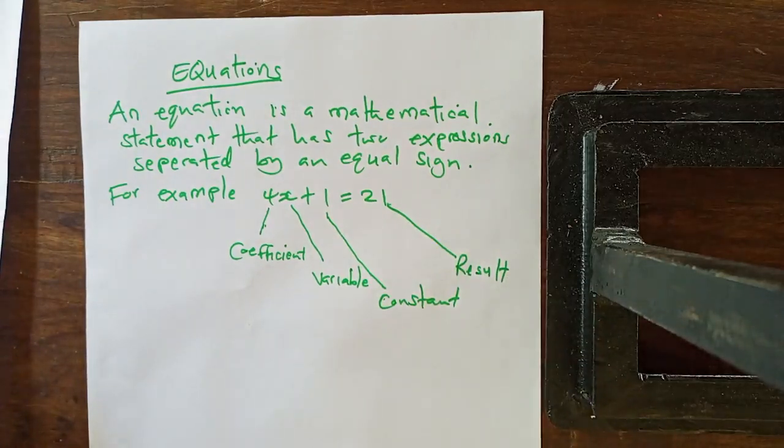So we have the coefficient, the variable, the constant, and the result.